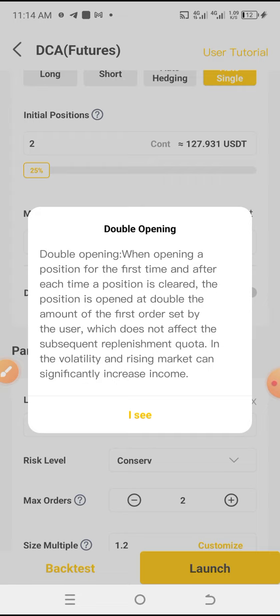In volatility and risk management, it can significantly increase income.